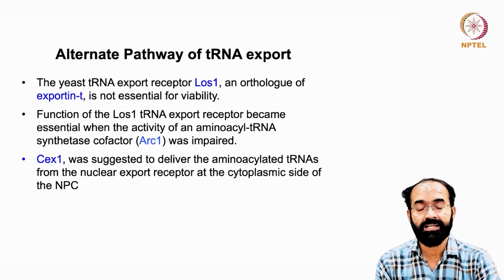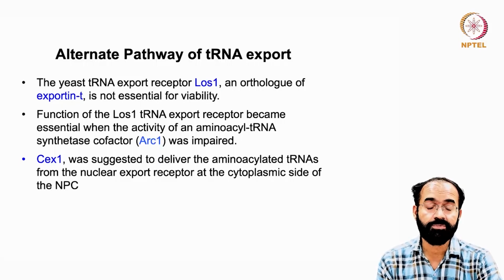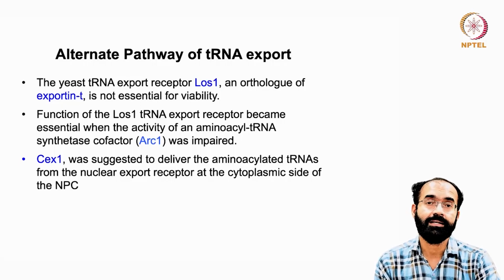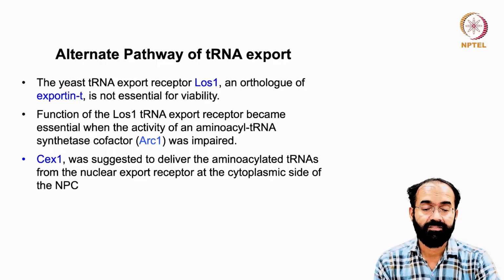So SEX1 was able to facilitate the movement or the maturation of the tRNA even in the absence of LOS1. ARC1, if it is missing along with LOS1, becomes problematic because SEX1 was acting as a mediator for the interaction of the tRNA with the amino acid tRNA synthetase.